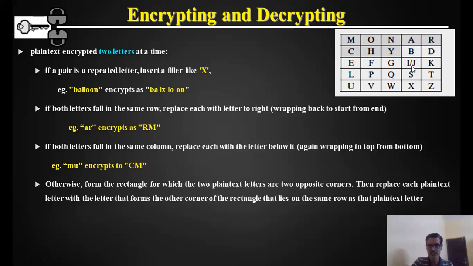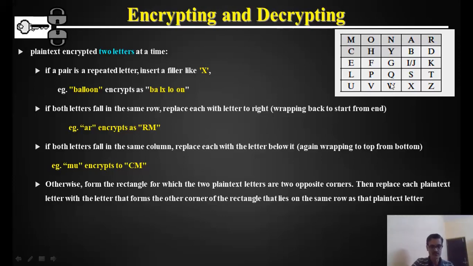Or, for example, if I have Y and G in my plain text, the equivalent ciphertext is G and Q; you go down, that's it. If they fall in the same row or the same column, you just have to consider the immediate next alphabet to the right, or below if it is a column.